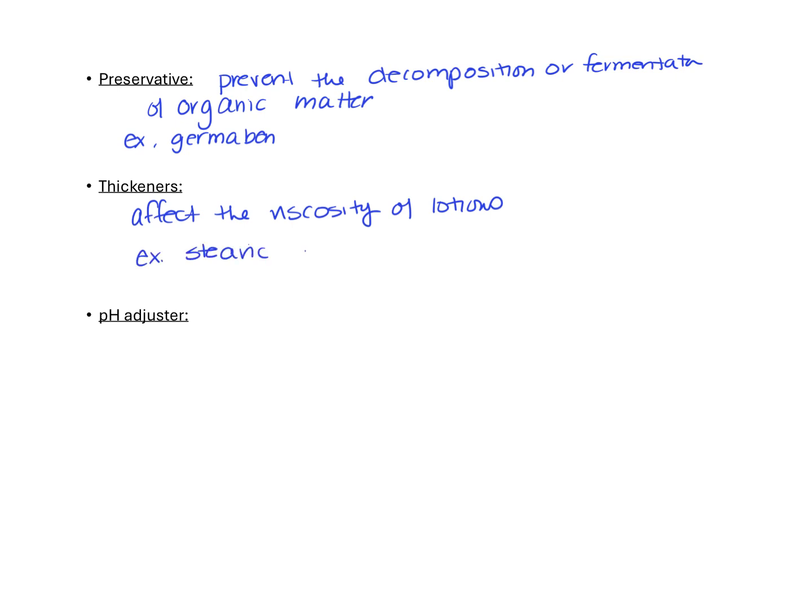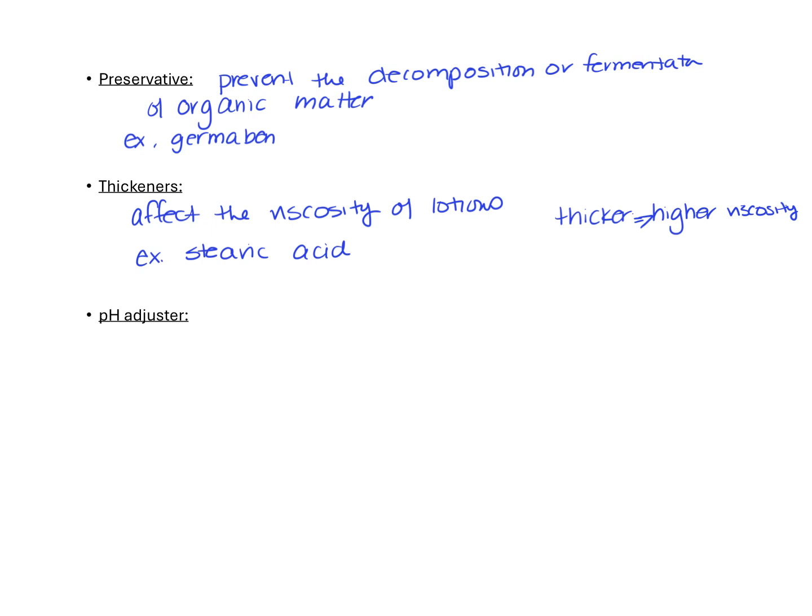So if you look at your lotions, you'll see stearic acid sometimes. That's used to thicken it. When we talk about making it thicker, that means it has a higher viscosity. Okay. If it's thinner or it flows a little bit more, it's got a lower viscosity.